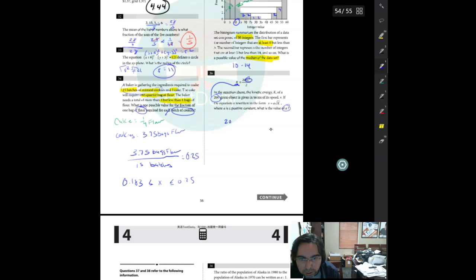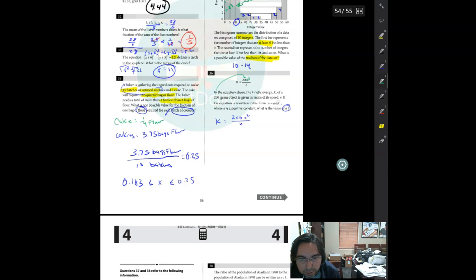Actually, my apologies, the 200 does not go there. We're solving for V, but that's the 200, that's that value right there. So let's rewrite this, copy this down. We have K equals 200 V squared over 2.